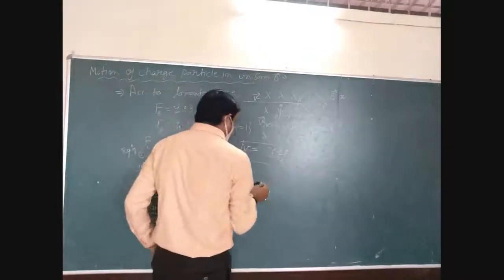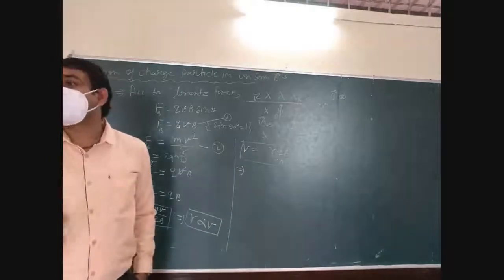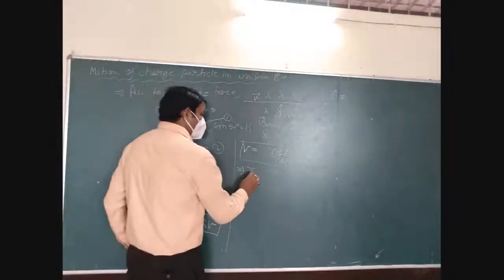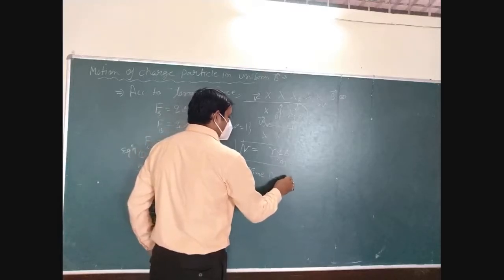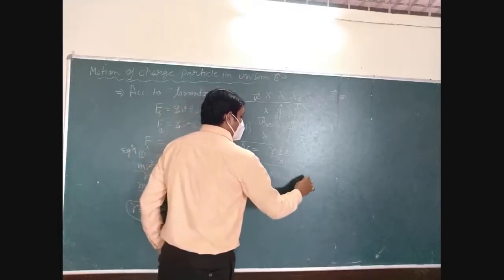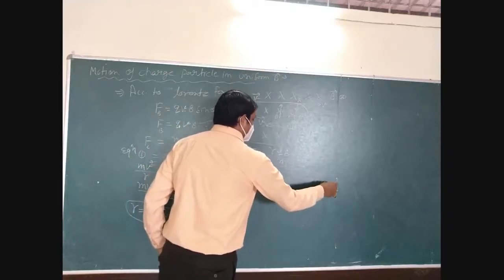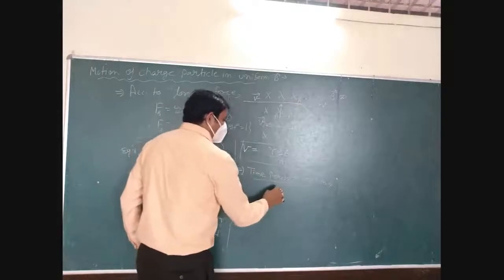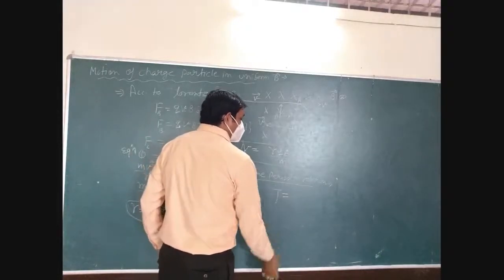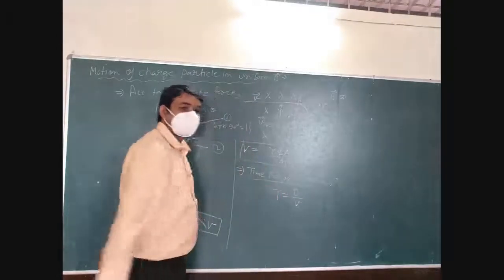Next, we find the time period of rotation. As we know, time is always given by distance upon velocity.